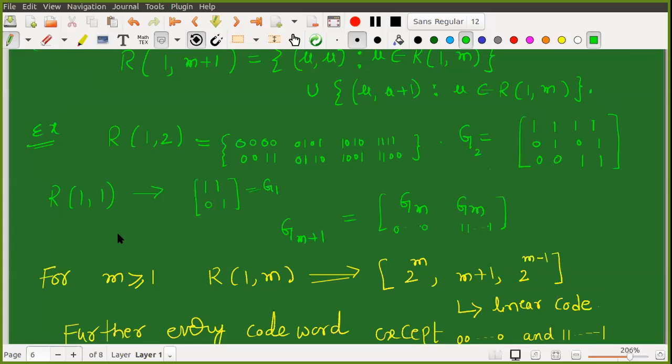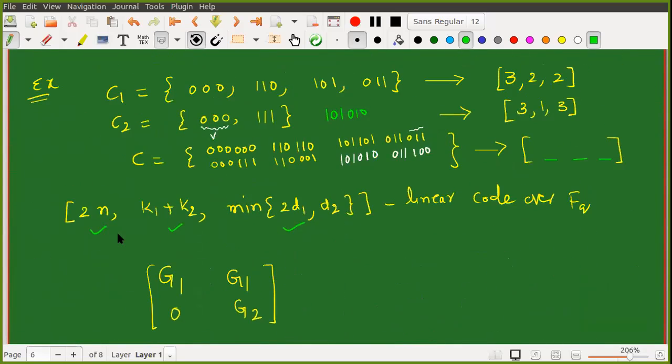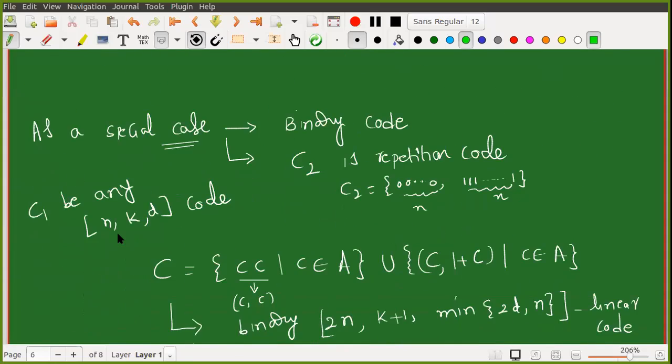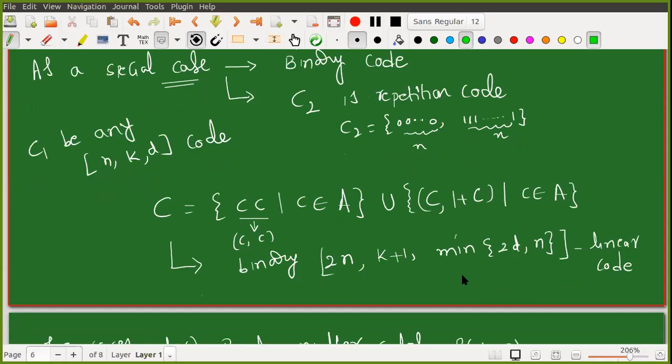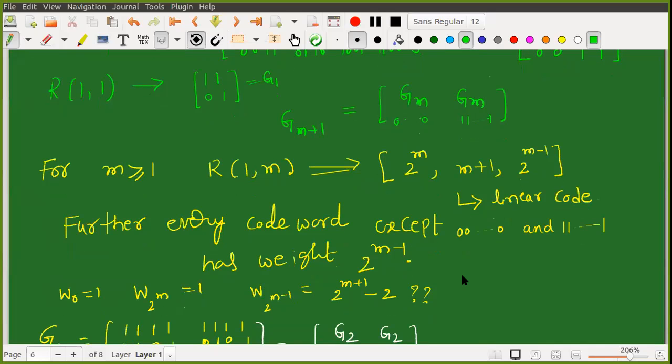So it is similar to here. You checked it earlier, right? Here k plus 1, m plus 1, and the minimum of 2d comma n. So from that 2 power m minus 1 will come. Easy to check.